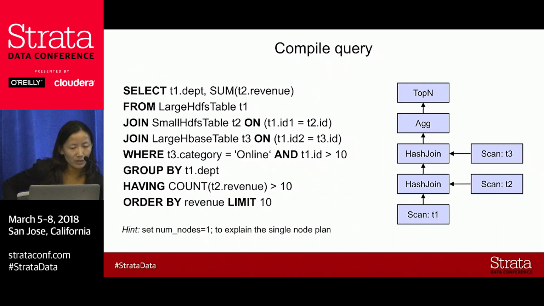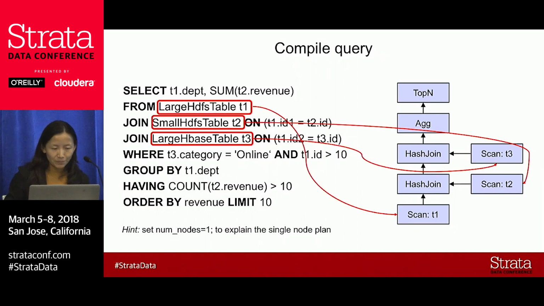So here's a query example. The operator here is the one I just mentioned, that is how the query engine executes each task. Some operators probably just scan the columns, the rows for a table. They're called scan nodes.